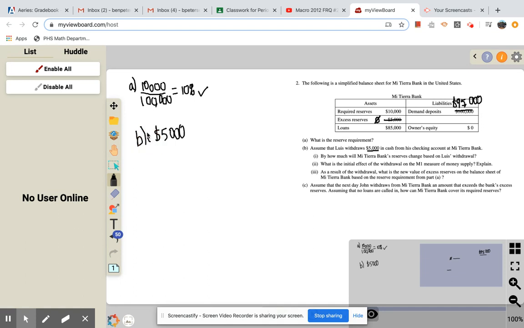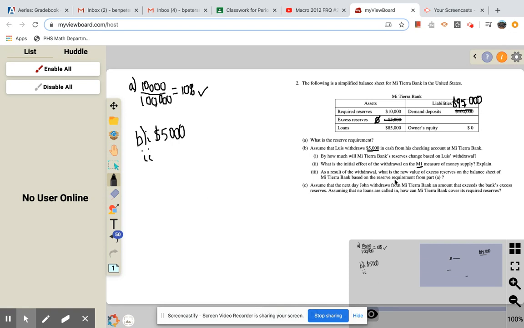That's part one. Now part two to B. Great question. What is the initial effect of the withdrawal on the M1 measure of money supply? Now go back to your knowledge of the M1 money supply. What is considered M1? Cash and checking.